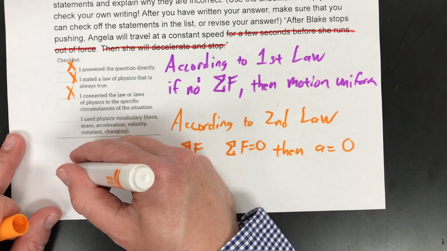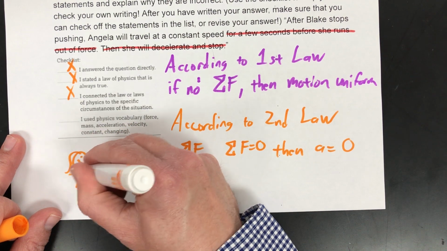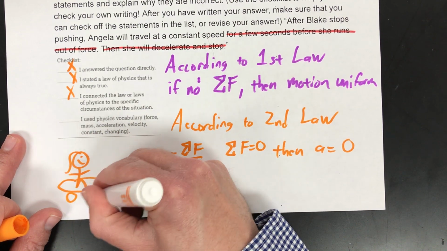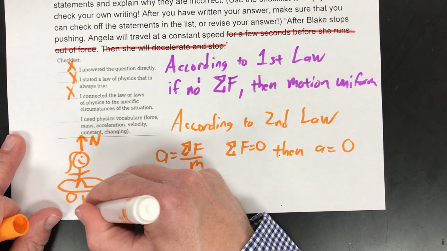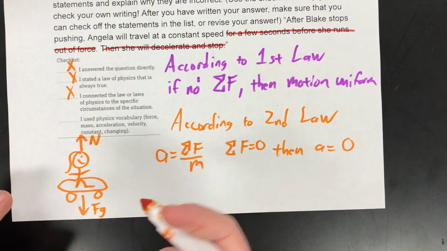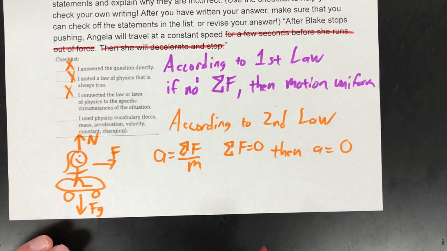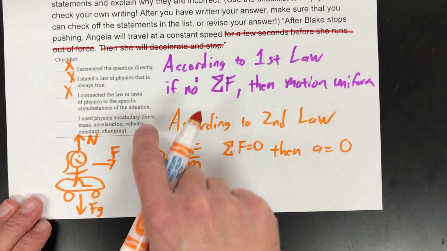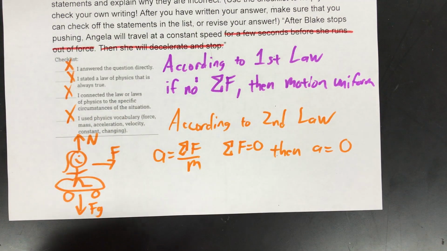So you may actually feel the need to talk about how if Angela's on this skateboard here, there's no net force, so maybe there's a normal force up and there's the force of gravity down, but there's no net force. There's no longer a push to the side anymore. So that might connect it a bit better to this situation. And you use physics vocabulary, force, mass, acceleration, we used all of those, so we are good.